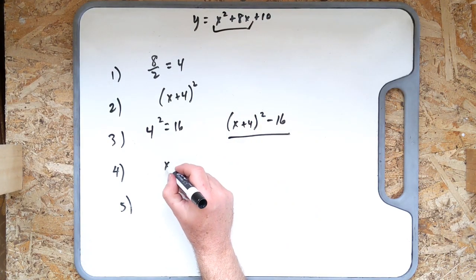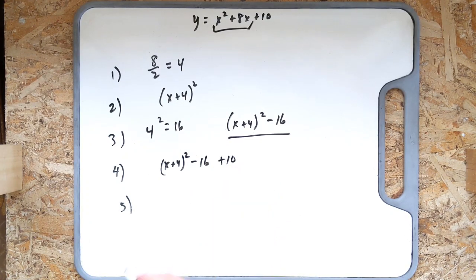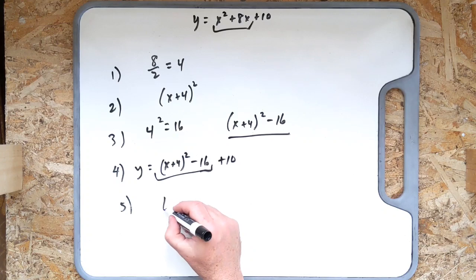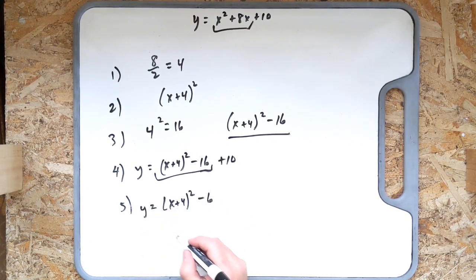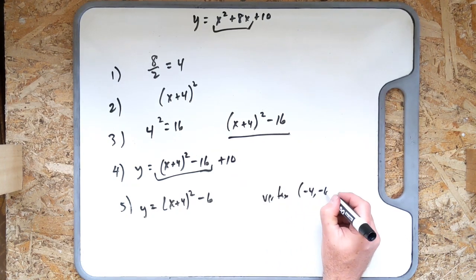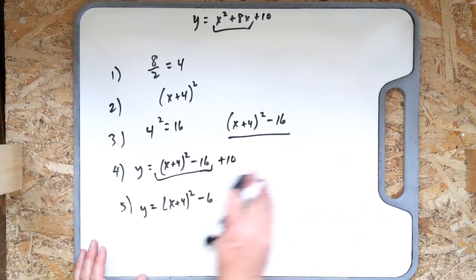That's your fourth step. There's the substitution. Simplify down, and you get x plus 4 squared minus 6. And the vertex is -4, -6. And a is 1 again. Okay, we'll try one more.